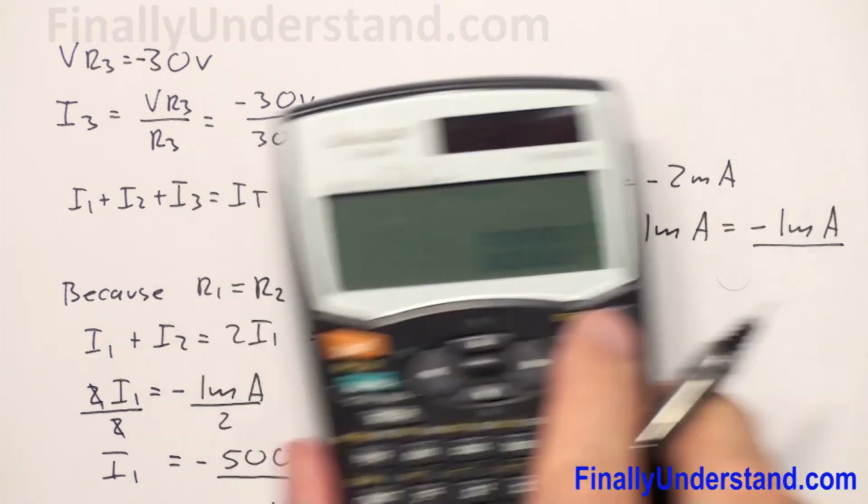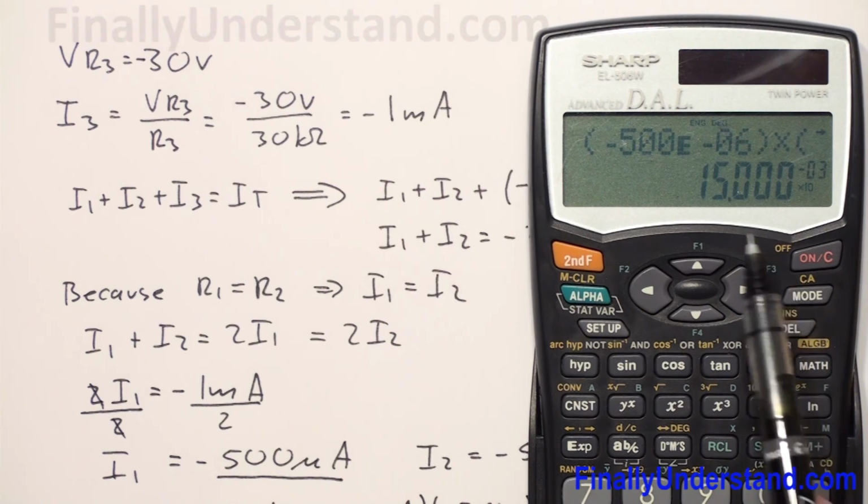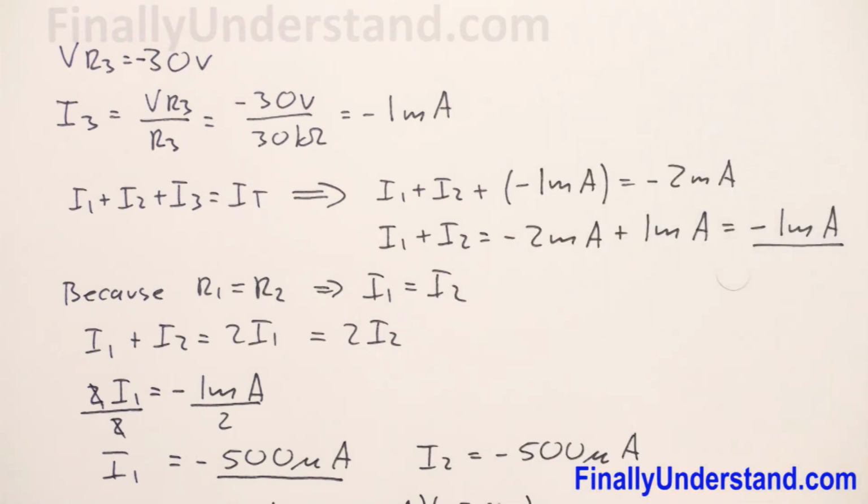So I have negative 500 times 10 to the negative 6 times negative 30. This is equal to 15 milliwatts. This is my P2.